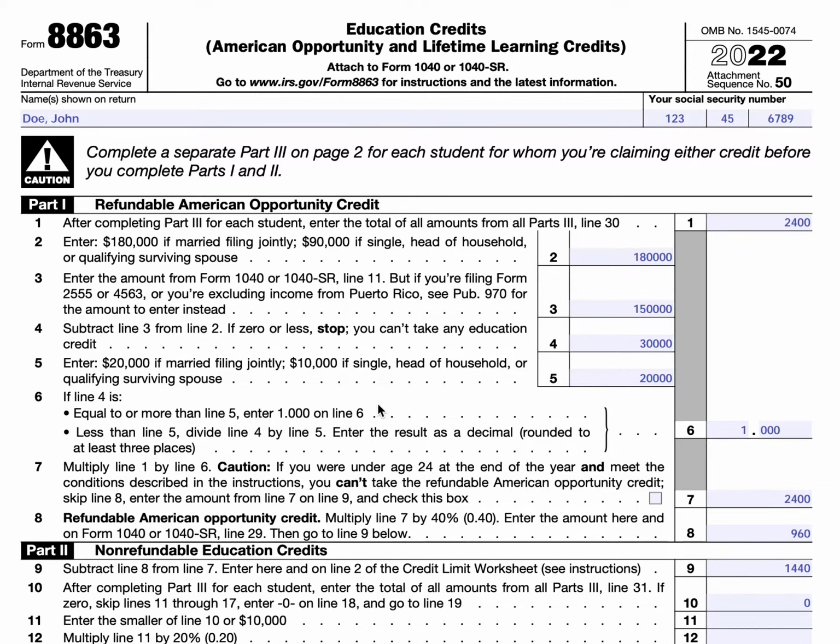The American Opportunity Tax Credit is probably the one that most taxpayers with younger children going off to college, young adults, first 4 years, are more familiar with, because it's a larger tax credit and it is only available for the first 4 years of a post-secondary education.